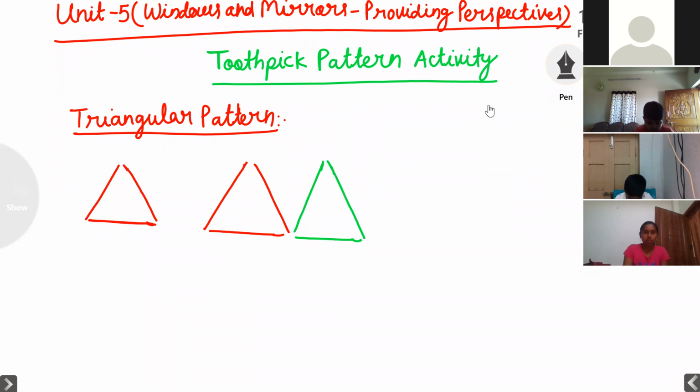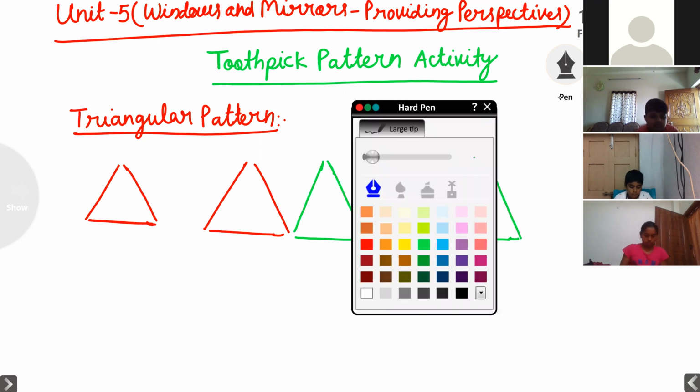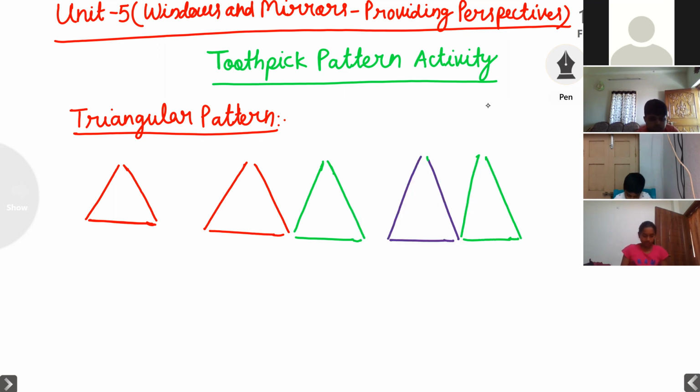How many toothpicks are required? 9 toothpicks are required. One triangle, 3 toothpicks. Second triangle, again 3 toothpicks. Third triangle, again 3 toothpicks.